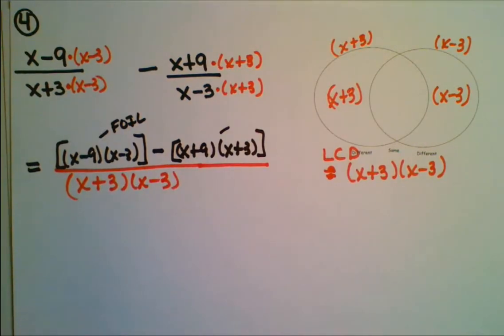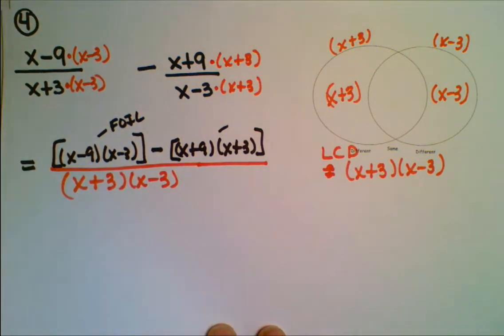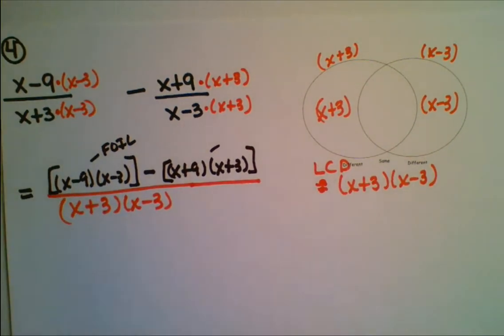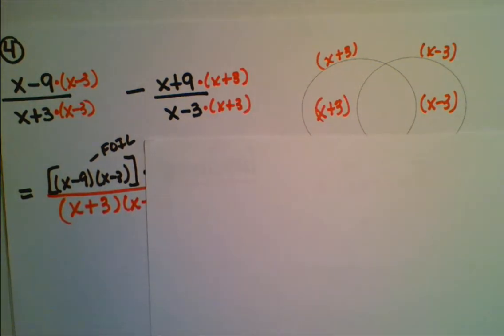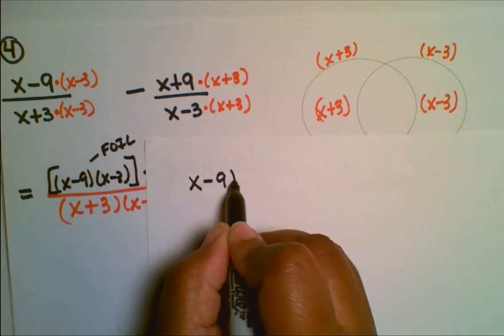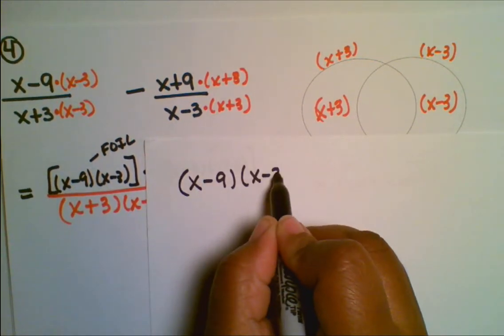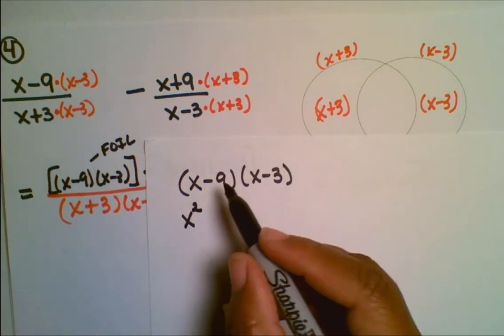All right, so let's get out some scratch paper and let's multiply the first binomial. Okay, so the first binomial, we have x minus 9 times x minus 3. Let's FOIL. First term is x squared.